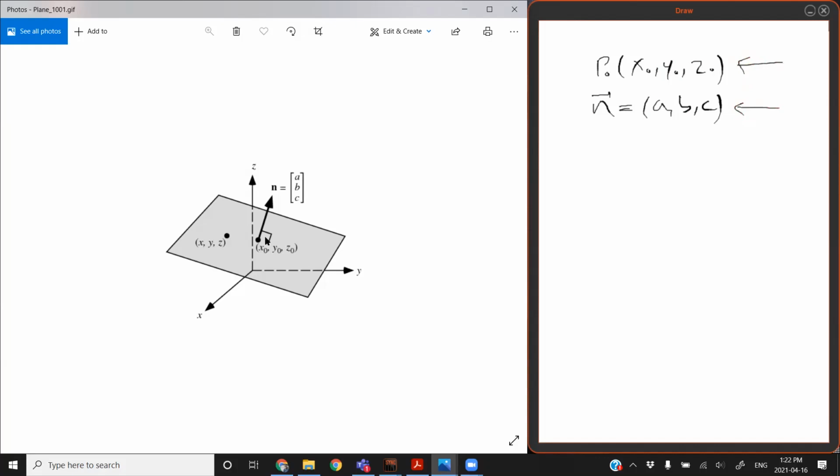The plane shown in the image would be the only plane. You cannot think of any other plane that passes through this specific point and is also orthogonal to this vector. These two pieces of information fully and completely specify a plane in R3, so they should also be enough for us to write down the equation of that plane.